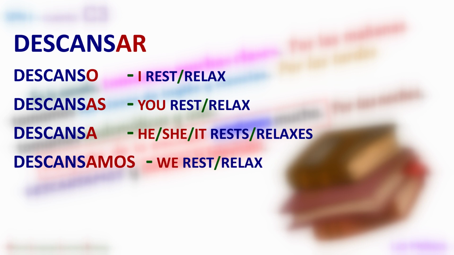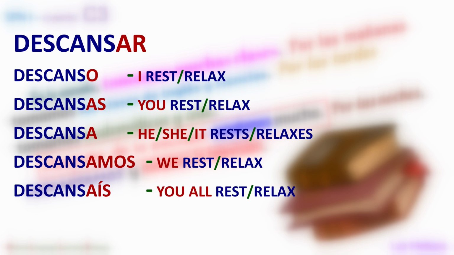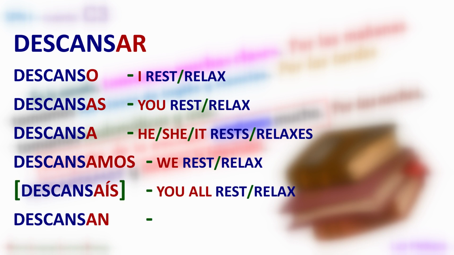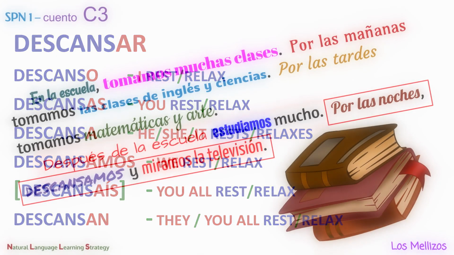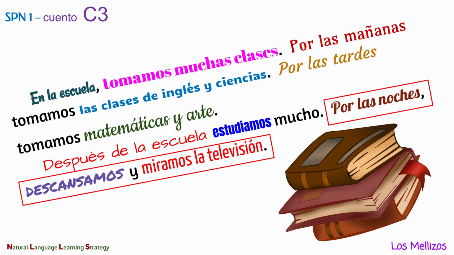Descansamos, we relax. Descansáis, you or y'all relax, but only in Spain. Descansan, they rest, they relax. You all rest, you all relax. So, por las noches descansamos is at night or in the evenings, we relax.